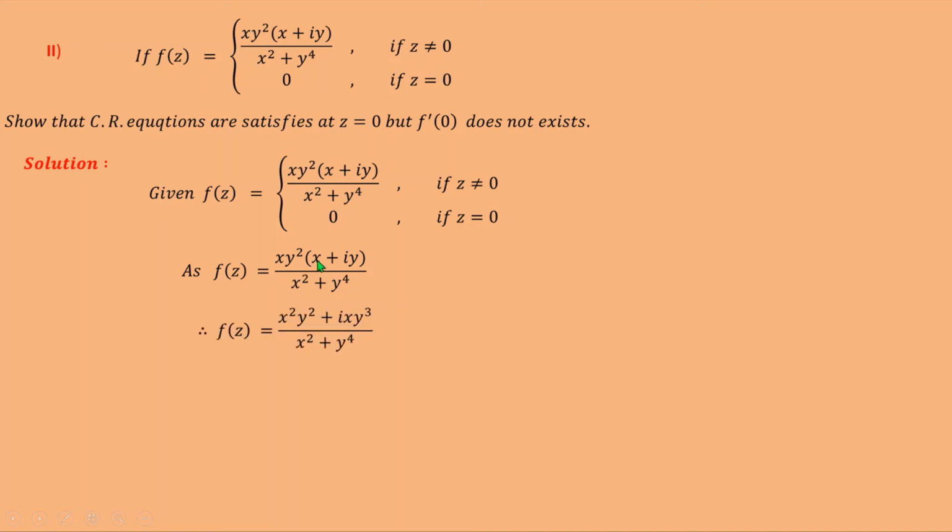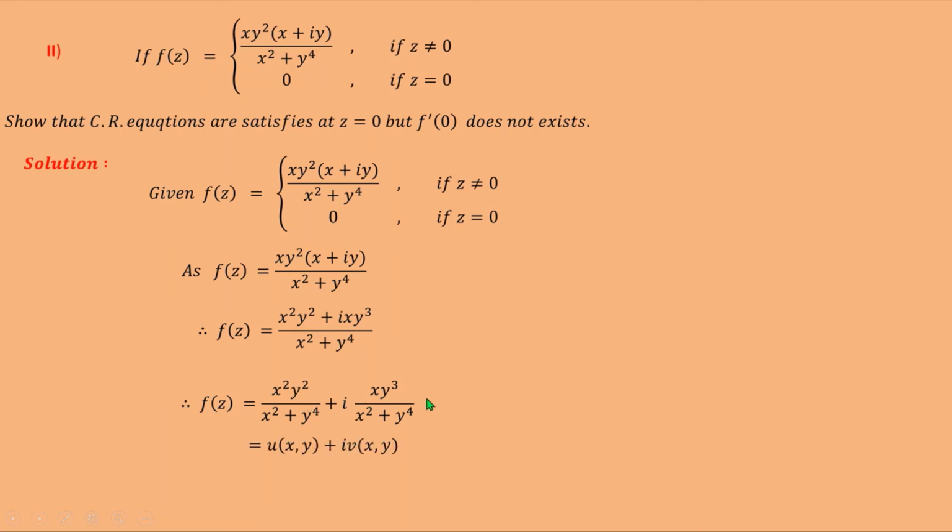As f(z) is xy² into the bracket (x + iy) upon (x² + y⁴), take this xy² inside, and so you get f(z) is equal to (x²y² + ixy³) upon (x² + y⁴). Separate the denominator. So we get f(z) is equal to x²y² upon (x² + y⁴) plus i xy³ upon (x² + y⁴).